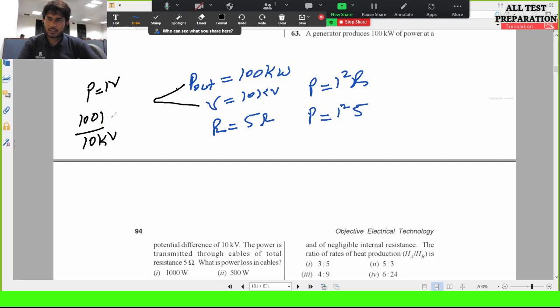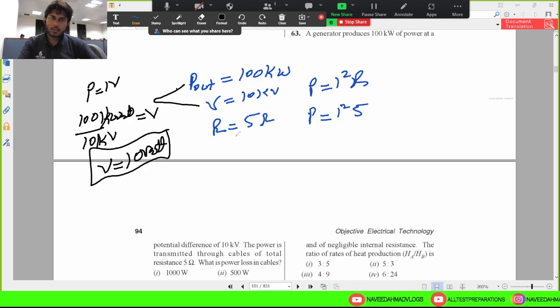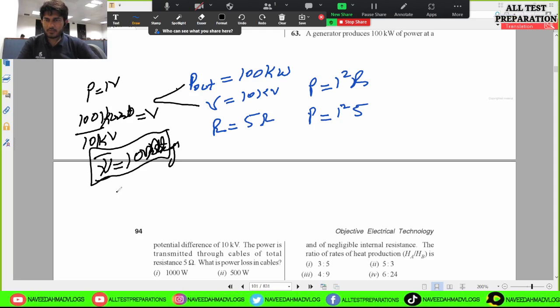Kilowatt and kilowatt will cancel out, so your I will be equal to 10 ampere.